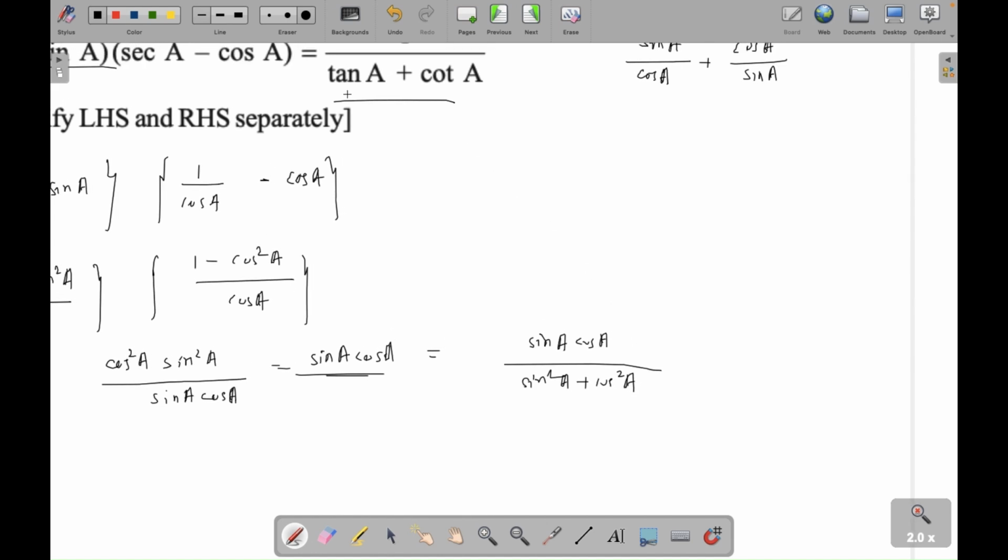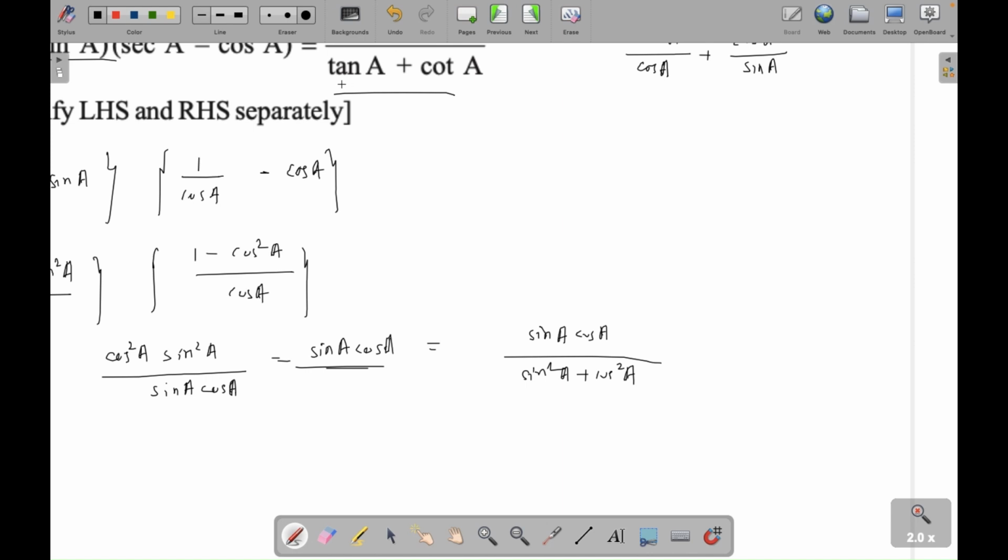Because you have tan A in the denominator. If you just take sin square A and divide this with sin A cos A, one gets cancelled, so you end up with tan A. And if I take sin square A plus cos square A in the denominator, it does not matter because it is equal to 1.